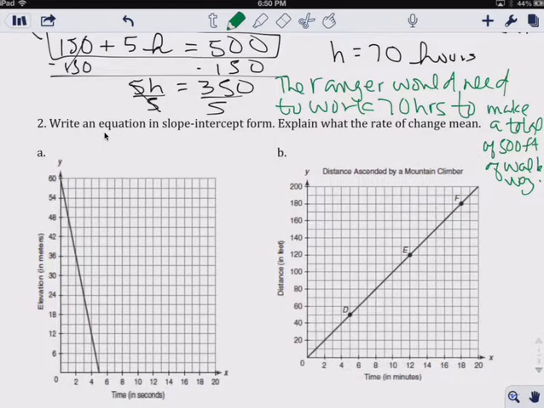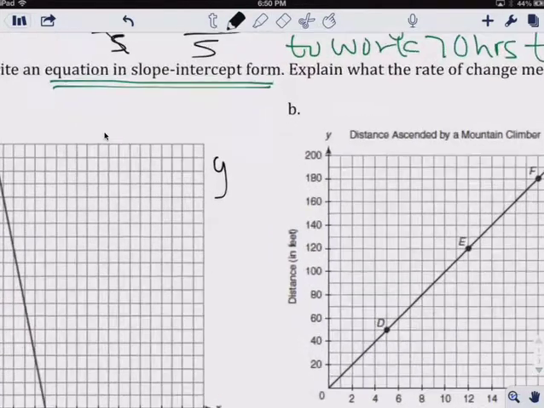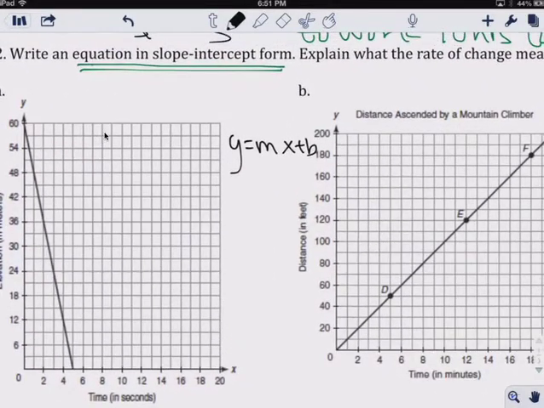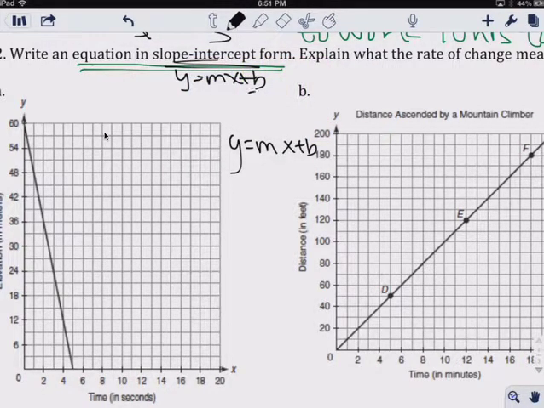Alrighty, write an equation in slope-intercept form. Slope-intercept form is y equals mx plus b. Okay, let's look at this. Can we find b, the y-intercept?